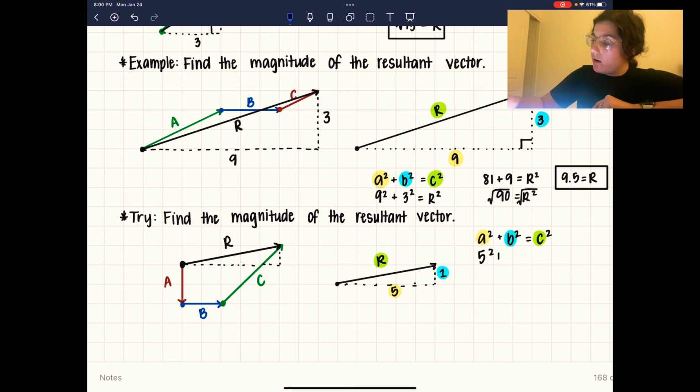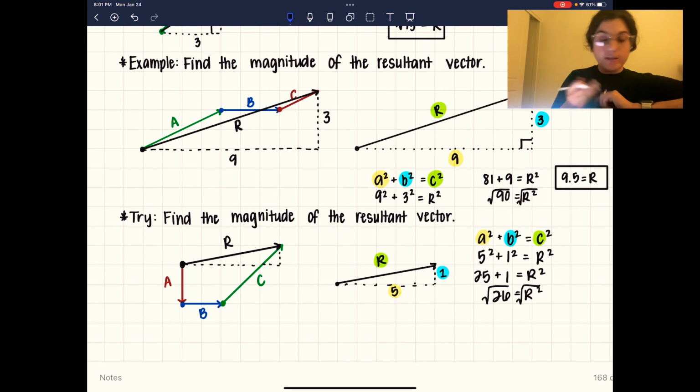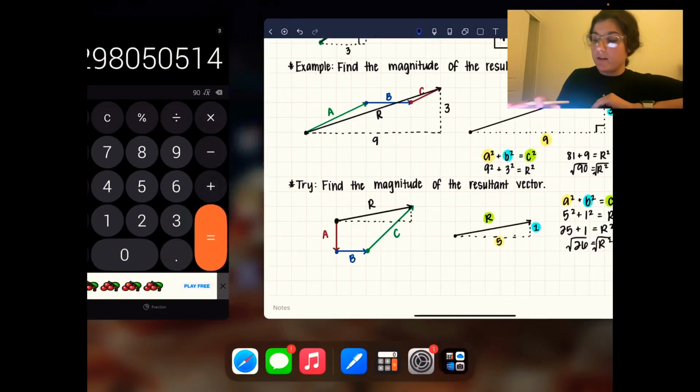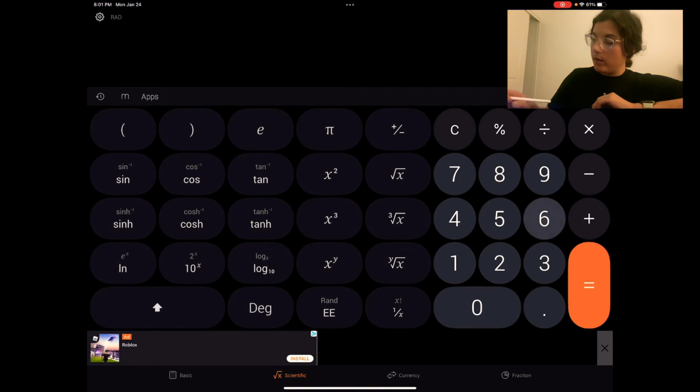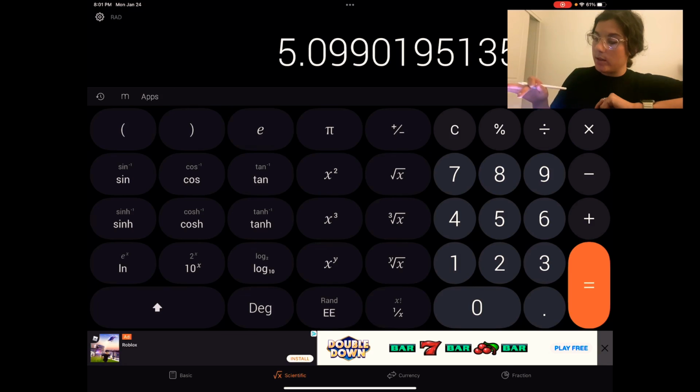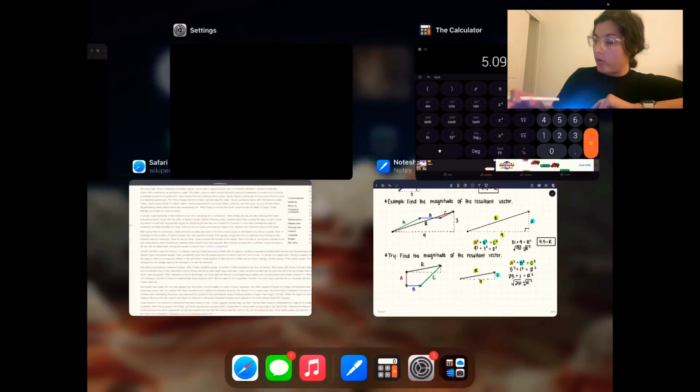So now I can start substituting. 5 squared plus 1 squared is going to equal my magnitude squared. So this will simplify to 25 plus 1 equals r squared, which is 26 equals r squared. And I just take the square root, and I can leave this as the square root of 26, or I could simplify it in the calculator and do the square root of 26, and I'm going to get 5.1.